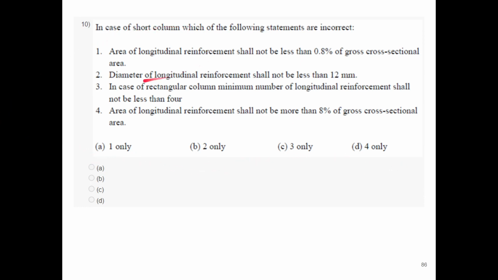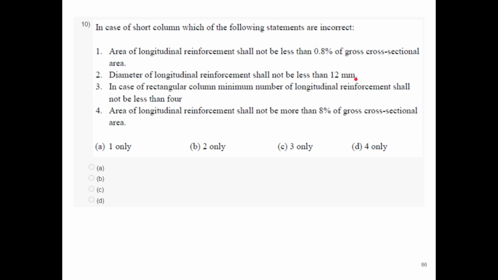If you remember the conditions for the longitudinal reinforcement, the area of longitudinal reinforcement shall not be less than 0.8% of cross sectional area. That is true. It should be between 0.8 and 6%, right? So this condition is true. Second statement, diameter of longitudinal reinforcement shall not be less than 12 mm.